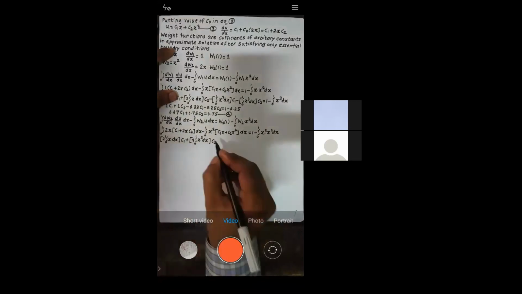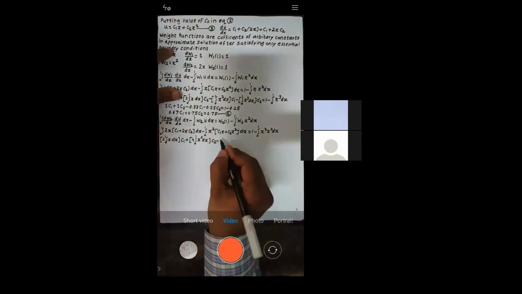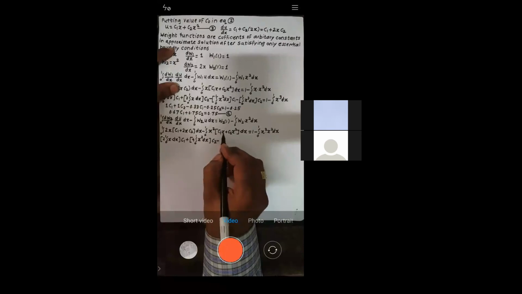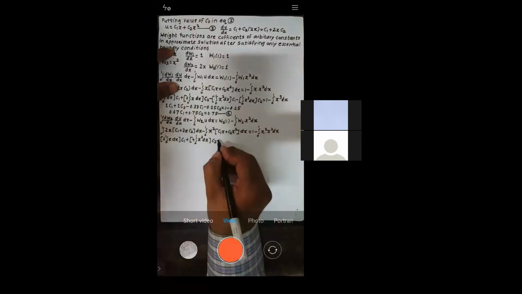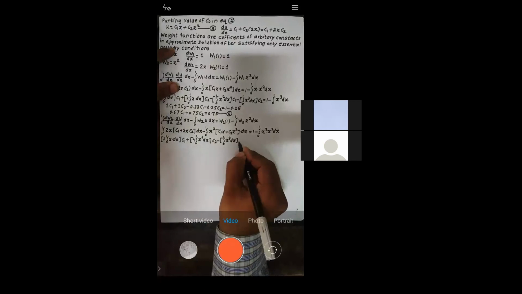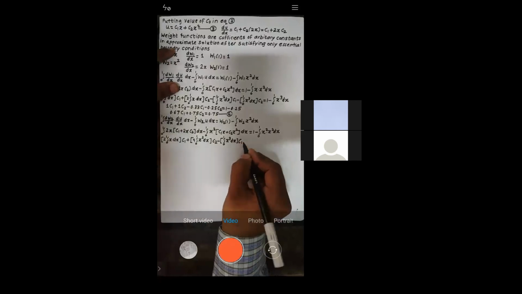Minus, right? Now x square into this c1x, x square into c1x, okay? So I'll write down minus integration 0 to 1, okay? So this becomes x cube dx to the coefficient c1, right?